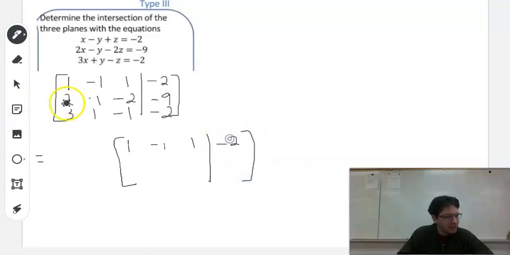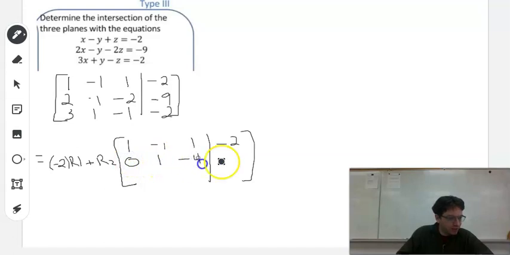Now to make that 2 a 0, what I can do is multiply row 1 by -2, and then add row 2. If I do that, I'm going to end up with 0, 1, -4, and -5.